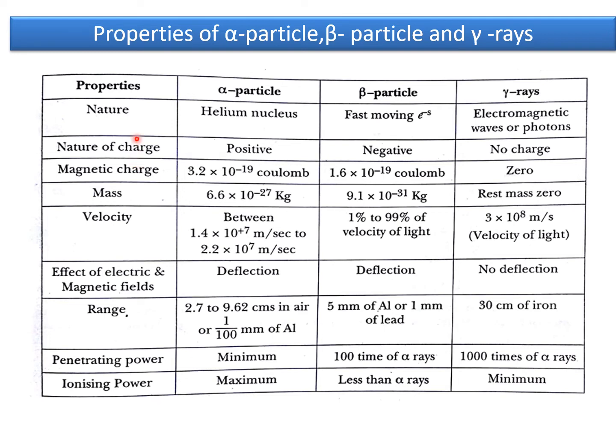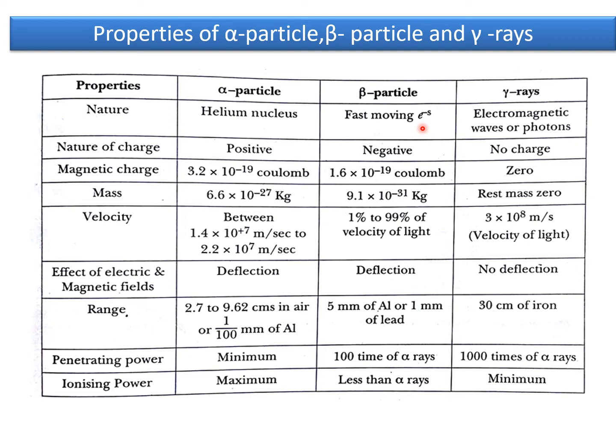Nature: the alpha particle is analogous to a helium nucleus. The beta particle is a faster-moving electron, a negatively charged particle, and gamma is electromagnetic radiation, you can say photons.